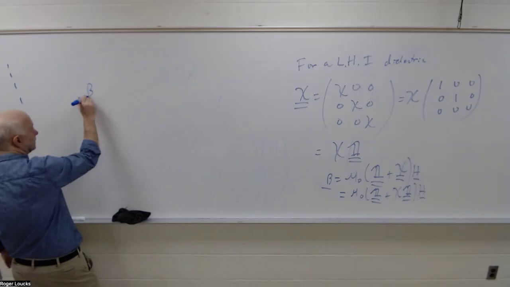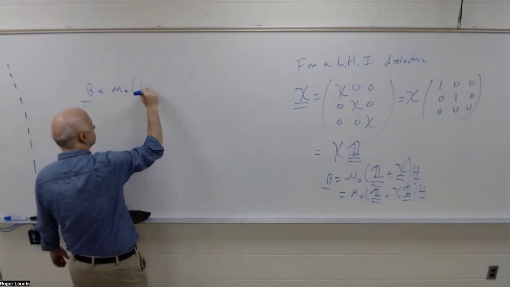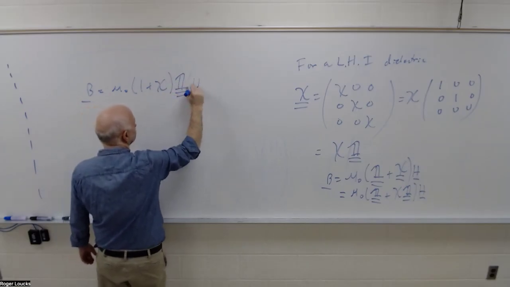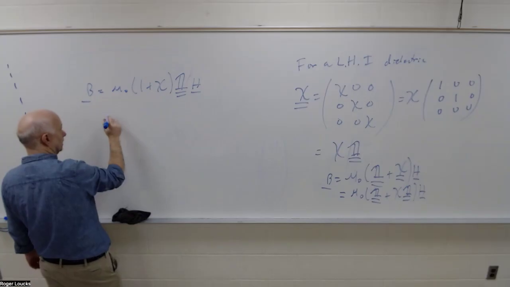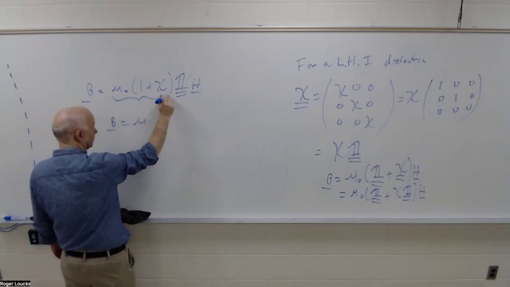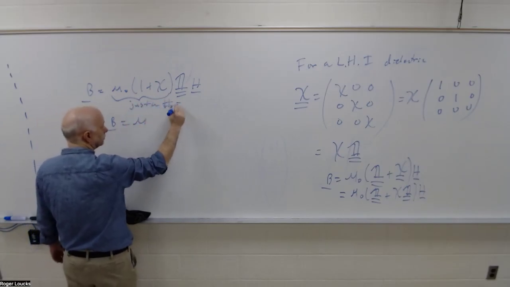So this gives me B equals mu naught times 1 plus chi times 1 times H. So this just gives me basically B equals mu H, right? This is now just a number called mu.